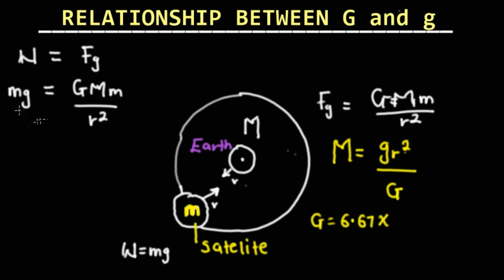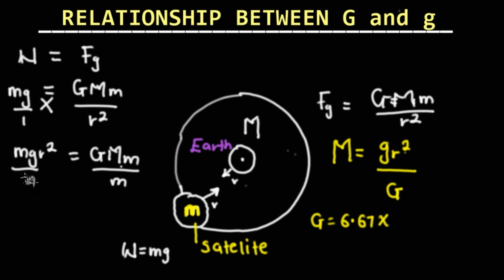Now we are going to cross multiply. On cross multiplying, we have m g r squared equal to G M m, where M is the mass of the Earth and m is the mass of the satellite. Now if you notice, we have the mass of the satellite here, and we also have the mass of the satellite here, so we can easily cancel it out.